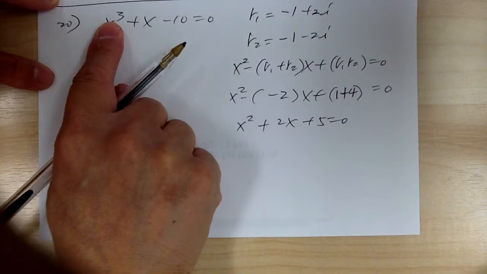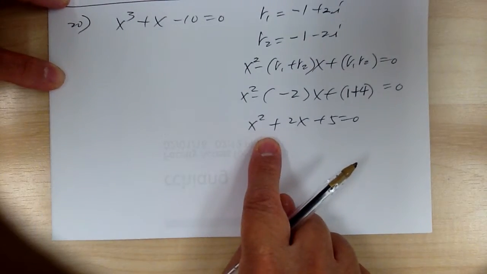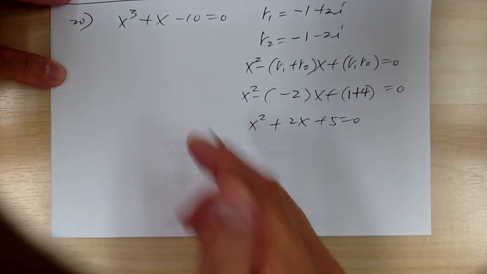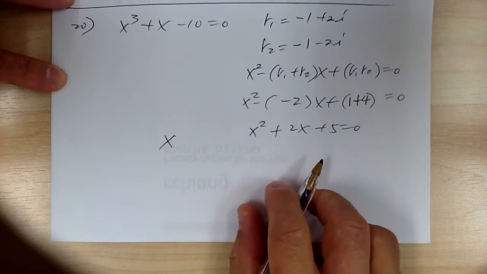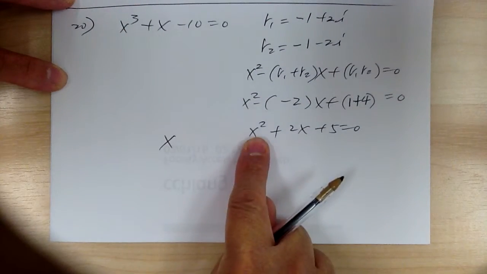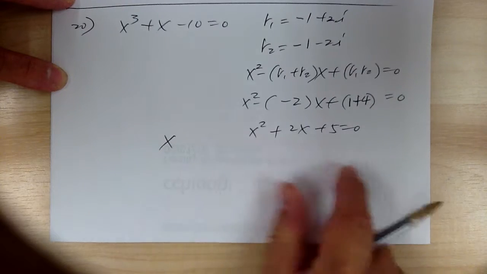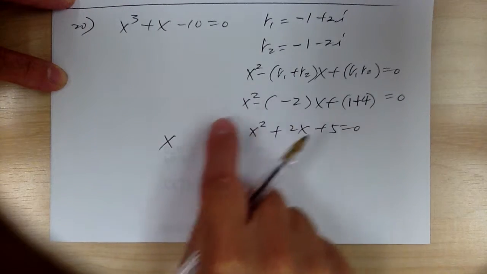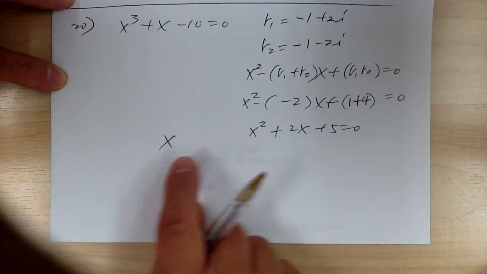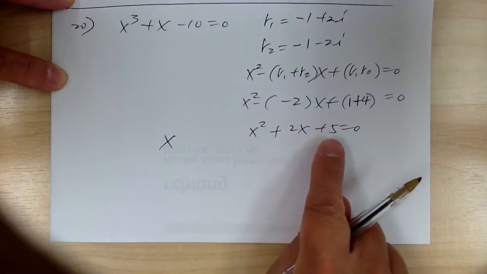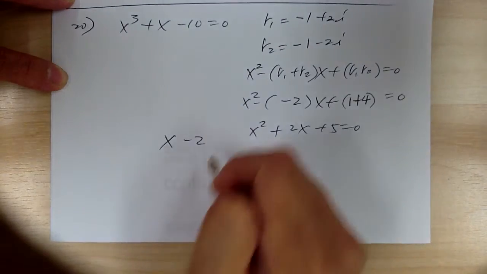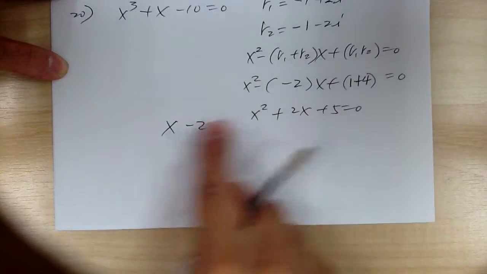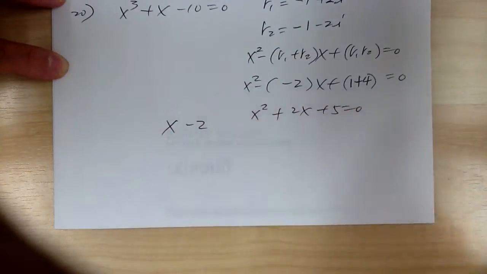Now, when you divide, think about it: x cubed divided by x squared, you're going to get x. And you don't have to worry about the middle, because you know it has to be x plus a number or x minus a number. So negative 10 divided by 5, you're going to get negative 2. This divided by this will give you that, so you don't have to use long division.